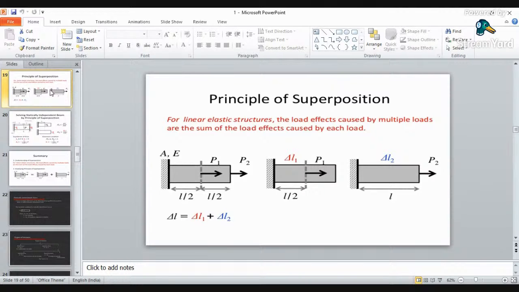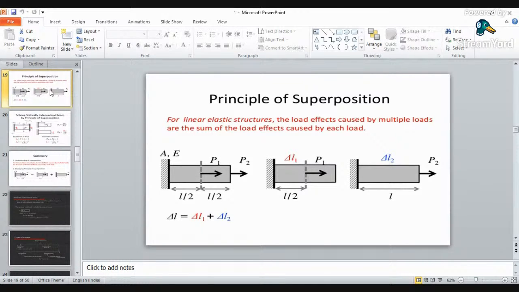My first beam will be a beam with a distributed load, that is a UDL, and another beam will have a point load only. So I can solve the first beam for the UDL and the other beam for the point load only.